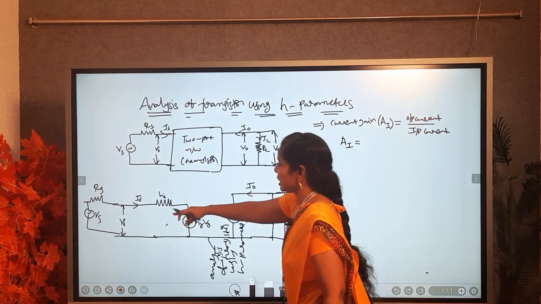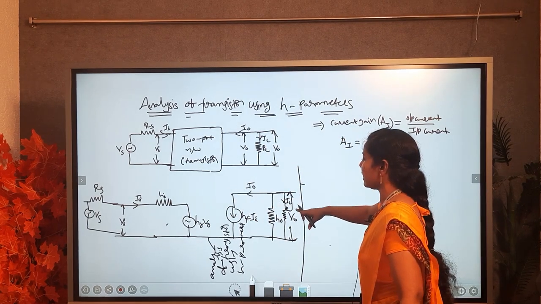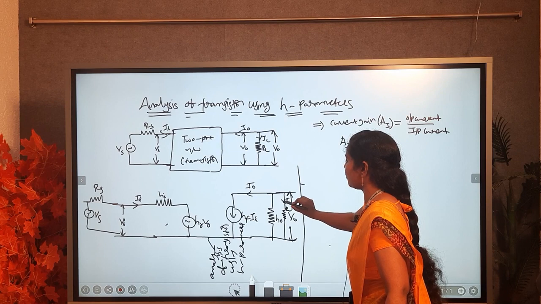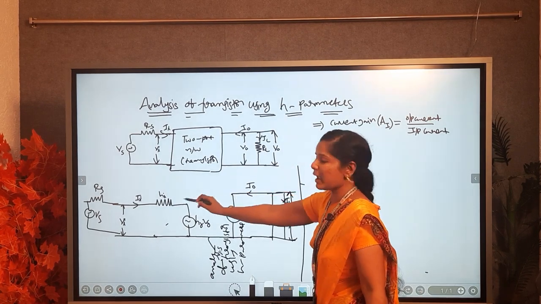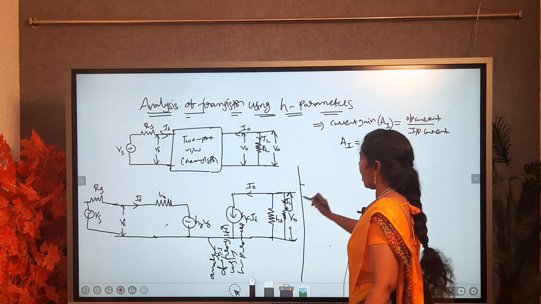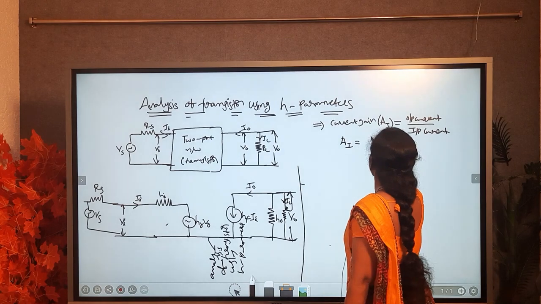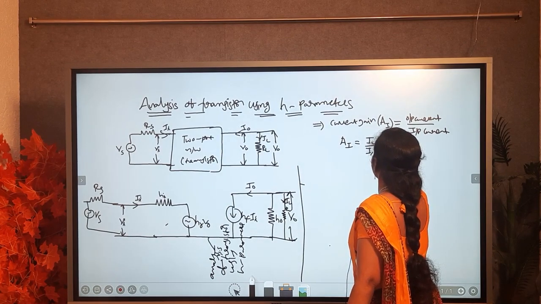The current starts from Ii, the input current, and ends with IL, the load current through RL. So the output is IL and Ii is the input. So Ai equals output current IL by Ii.